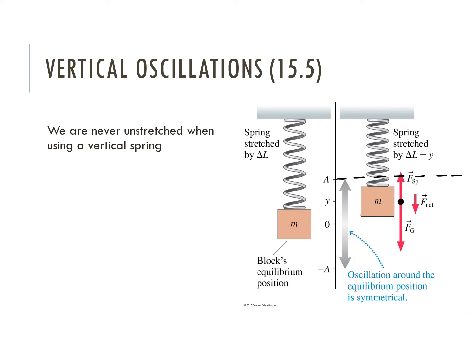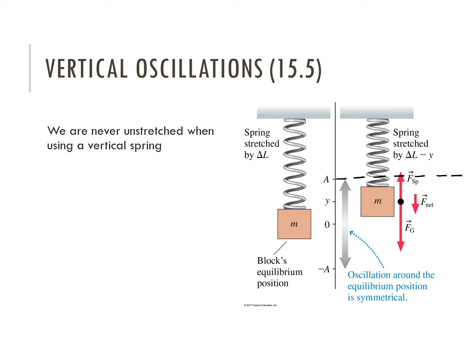Personally, I prefer to flip this. So when I'm going to do an example, I'm going to flip my coordinate system because I'm an adult and I get to choose that. I like it when compressed means the same in vertical and horizontal oscillators. That is my personal preference. You are welcome to follow the textbook if you want to. You're an adult. You get to make that decision.